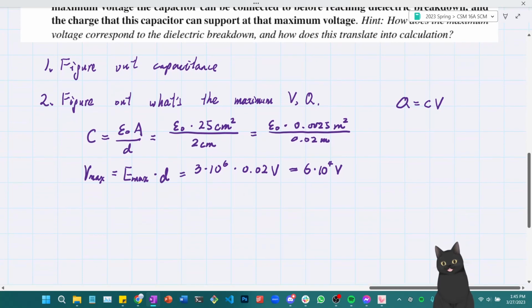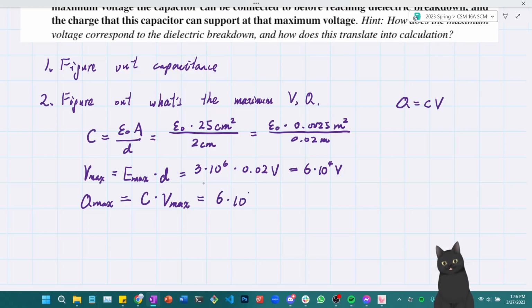This means that the maximum charge is equal to the capacitance of this capacitor times Vmax, which is the maximum voltage it can hold, 6 times 10 to the 4th volts, times whatever expression C has, and you can substitute this into the calculator to get what the solution file has. But from here on, it's plugging and chugging inside the computer, so it is not of much significance that we should go through.